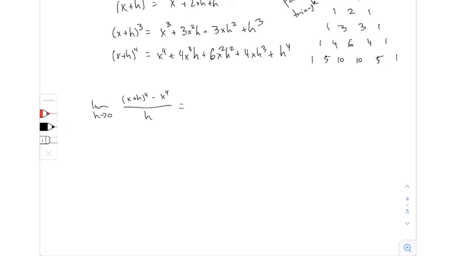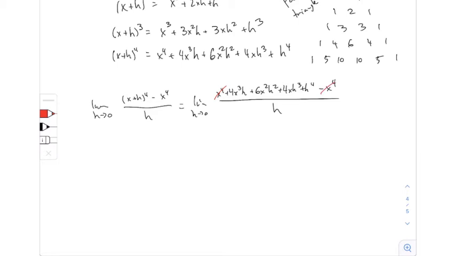I expand on the top: x to the 4 plus 4x cubed h plus 6x squared h squared plus 4x h cubed plus h to the 4. That was x plus h to the 4, and then minus x to the 4, all over h. What cancels? Up top, x to the 4 cancels and nothing else.